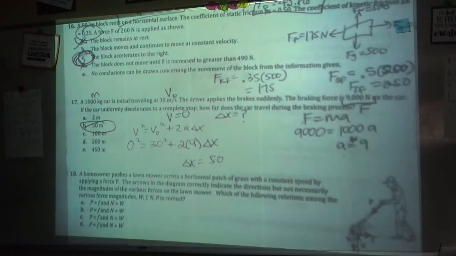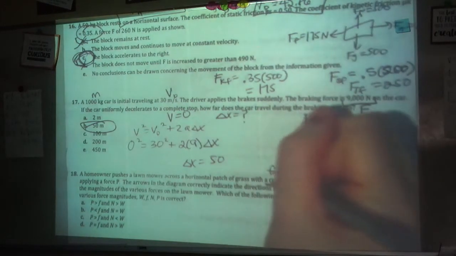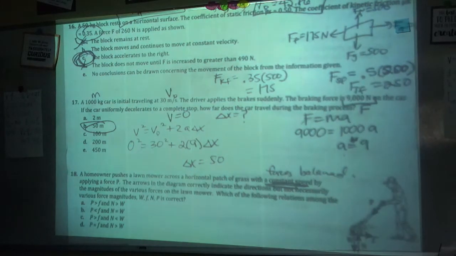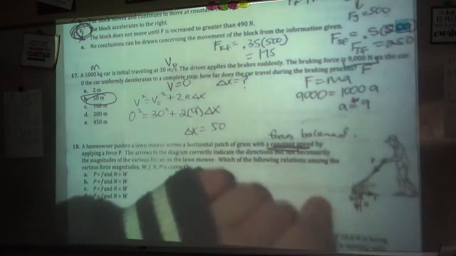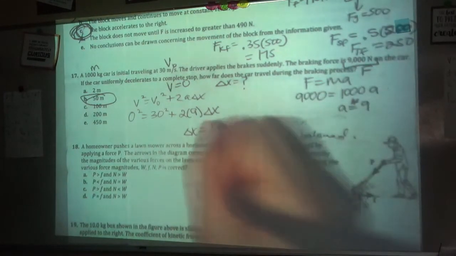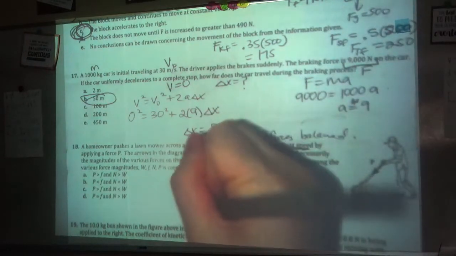Somebody is pushing a lawnmower across a horizontal patch of grass at constant speed, which means the forces are balanced in the x and y directions. We are trying to see which magnitudes would be greater. Obviously we have the weight down, and that is not going to change.